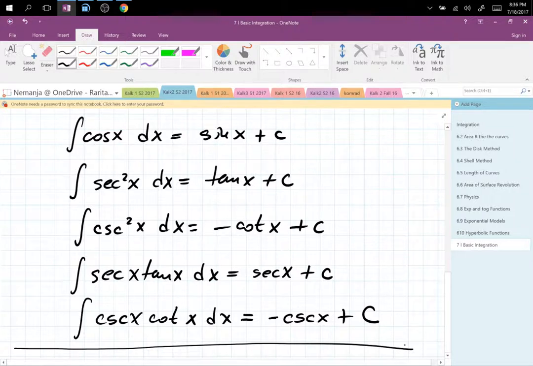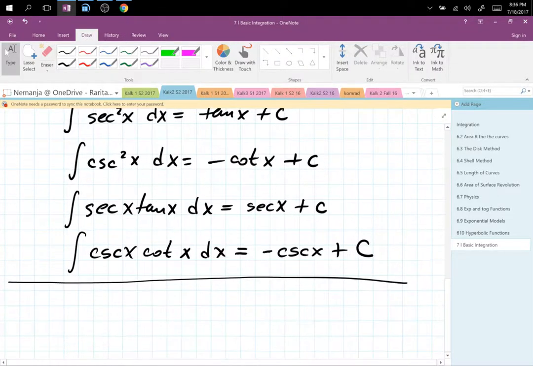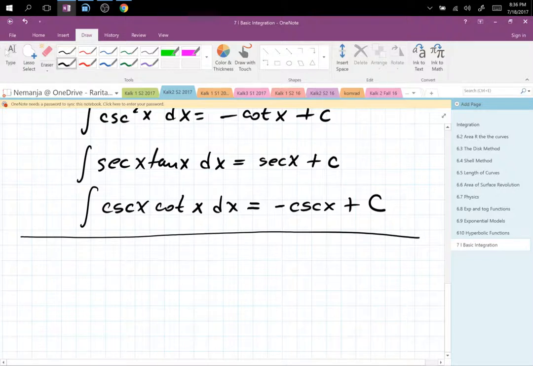Now that you know these, we go and just review a few of those u-sub questions. So say you have the integral of x over 3 times e to the 2x squared dx.